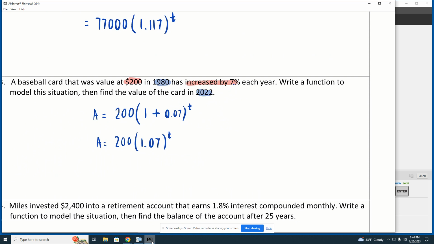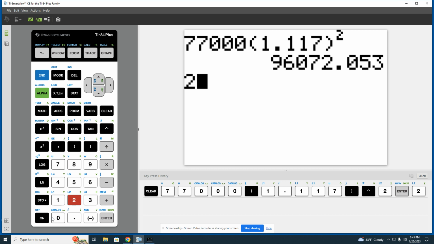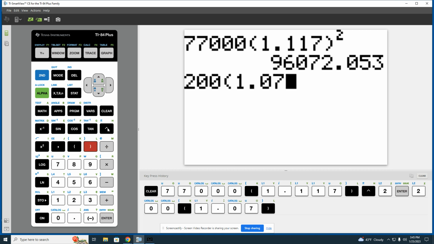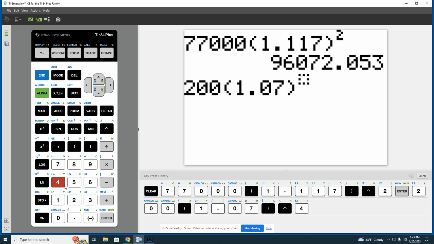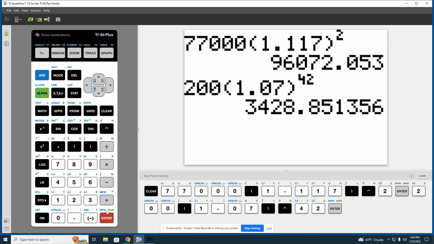So when I try to find the value now, I'm going to use my equation, 200 times 1.07, but I'm going to raise that to the 42nd power. So 200 times 1.07 raised to the 42nd power. So that's going to equal $3,428.85.